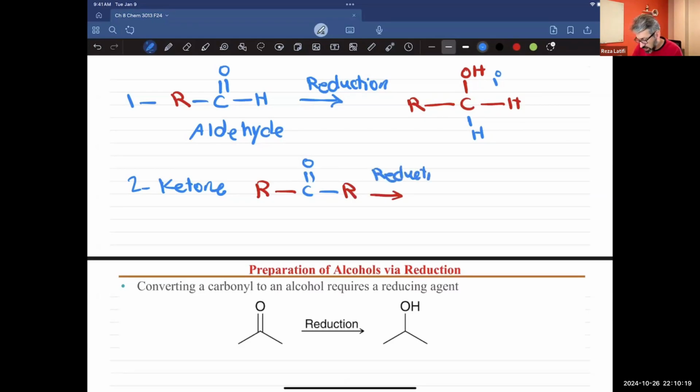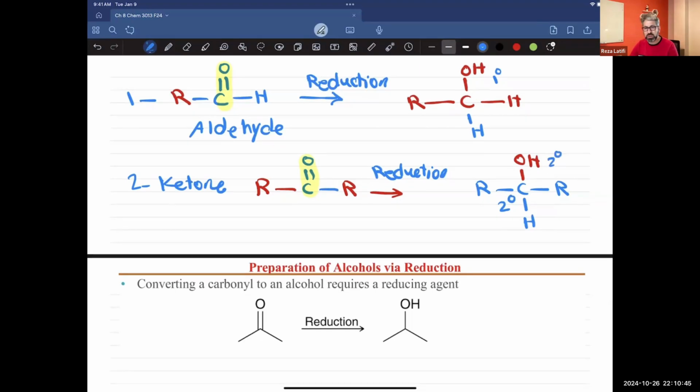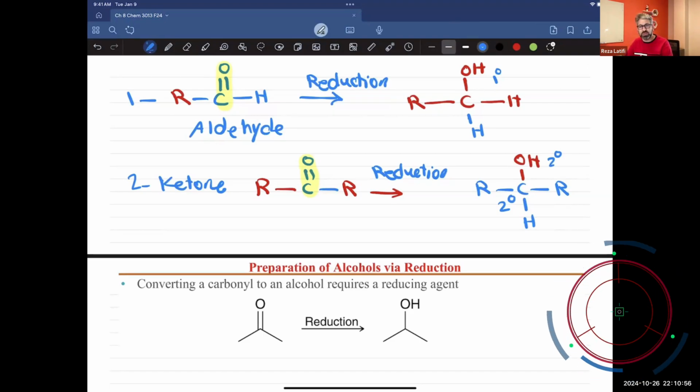So if we reduce the carbonyl group, I'm talking about this functional group, in this case we get R attached to carbon attached to another R. Now we will have OH here, and here we have hydrogen. That's going to give us a secondary alcohol, because our carbon is a secondary carbon. Reduction of aldehyde will give us a primary alcohol. Reduction of ketones always will give us a secondary alcohol.